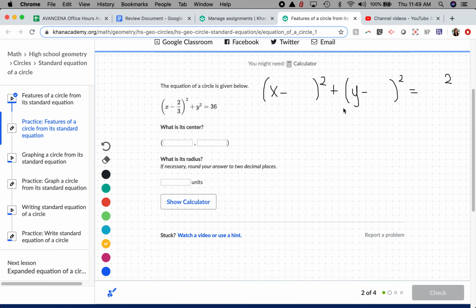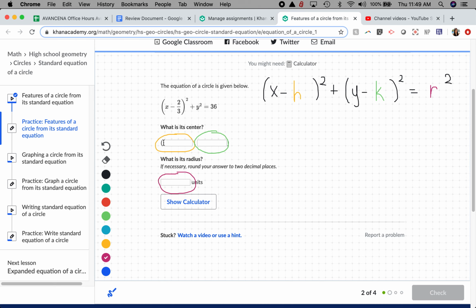And remember that this is h, which is the x value of my center. Remembering that this is k, which is going to be the y value of my center. And that this is r, which is the radius of my circle.